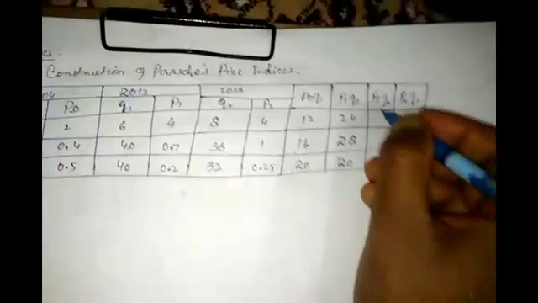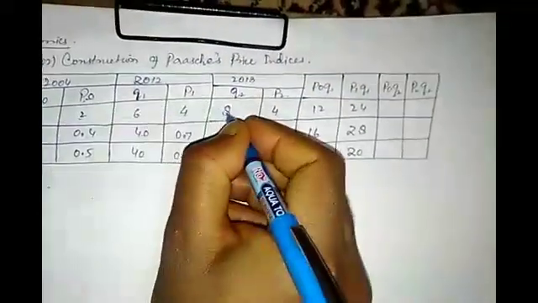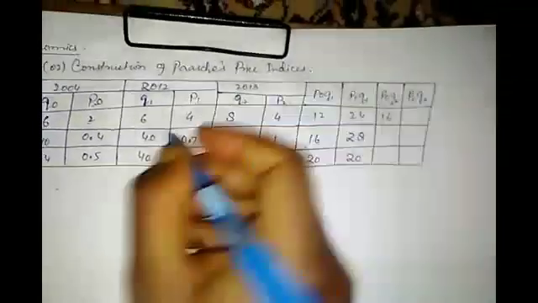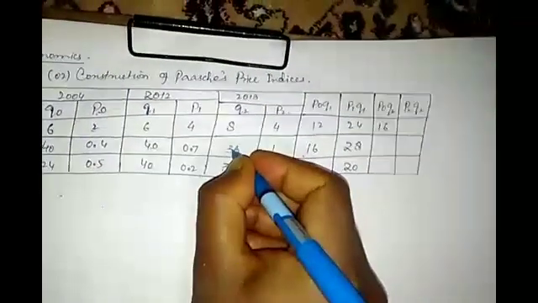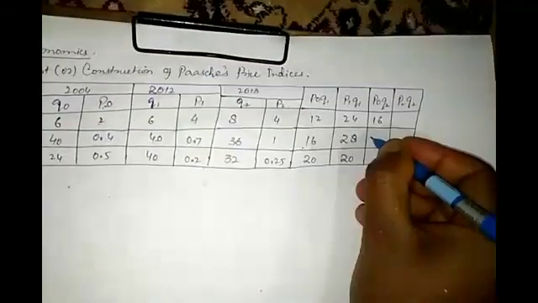Then we move to P0Q2. 8 2s are 16. 0.4 into 36 is equal to 14.4.